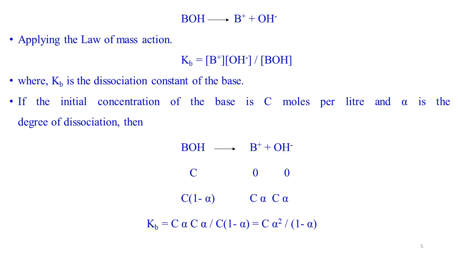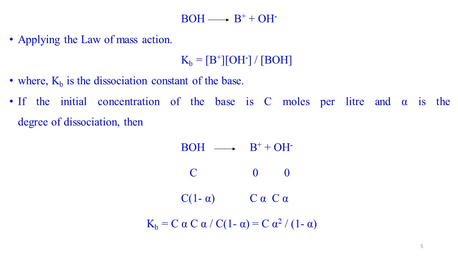As the reaction proceeds, the concentration of reactant will be C(1 minus alpha) and the concentrations of products will be C alpha and C alpha. The dissociation constant Kb is equal to C alpha multiplied by C alpha divided by C(1 minus alpha), which will be C alpha squared divided by 1 minus alpha.